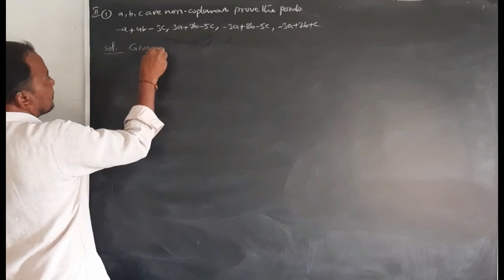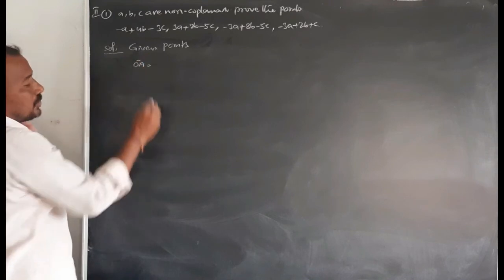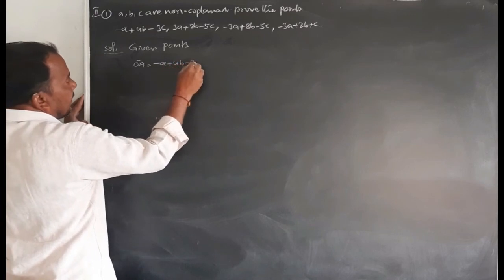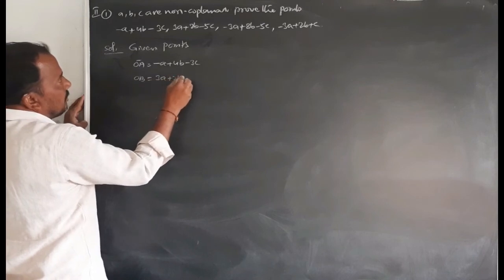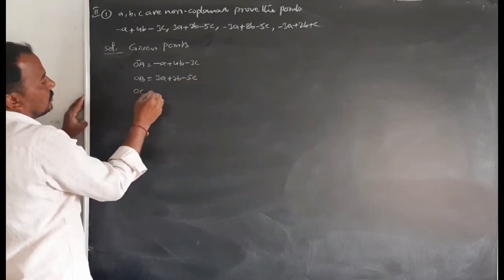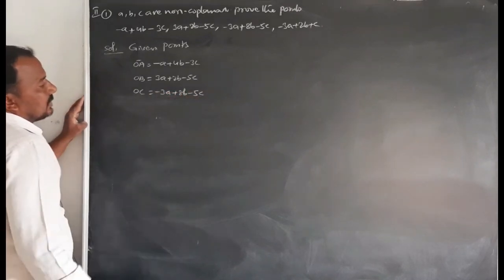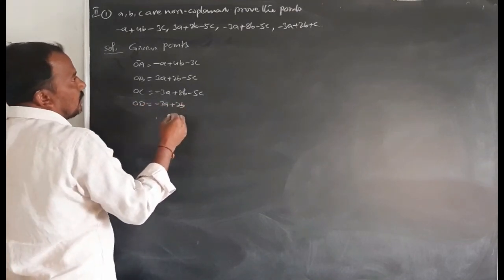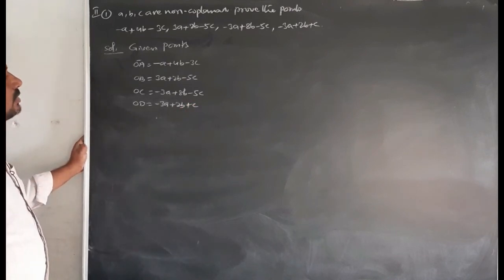Position vectors: OA is minus a plus 4b minus 3c, OB is 3a plus 2b minus 5c, OC is minus 3a plus 8b minus 5c, OD is minus 3a plus 2b plus c. Find the initial vectors.